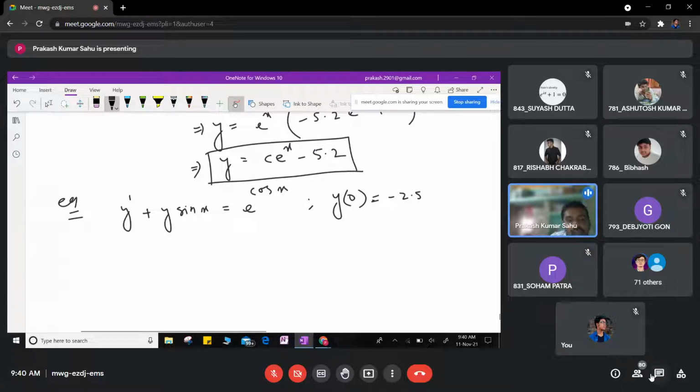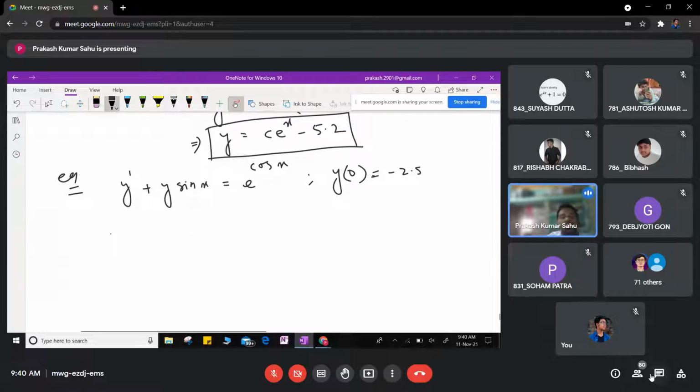Okay, so let us find what is the solution. So here you see, y dash plus y sin x is equal to e to the power cos x. This is a linear differential equation. So we can find here px is equal to sin x, and what is your qx? This qx is equal to e to the power cos x. So you find what is the integrating factor.